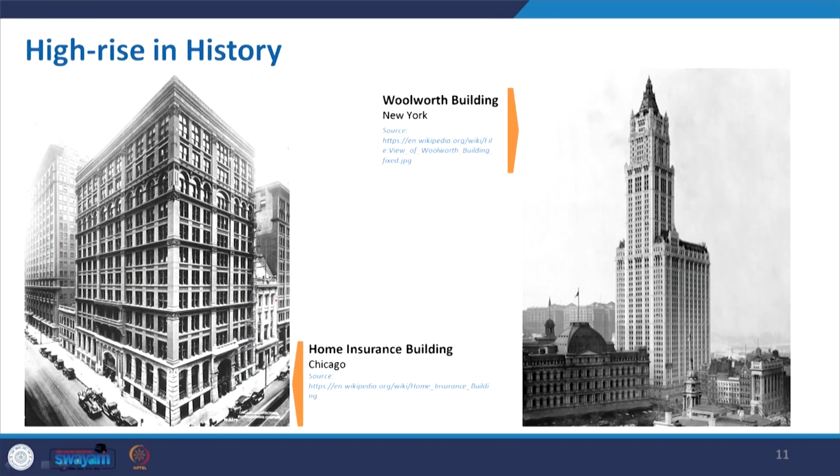Continuing with that history, if we come a little closer to the present, we get the Home Insurance Building in Chicago, which was considered one of the first high rise buildings made for habitation, with all the floors being used. The same is true for the Woolworth Building in New York. Here also you can see the building; this is considered to be high rise.